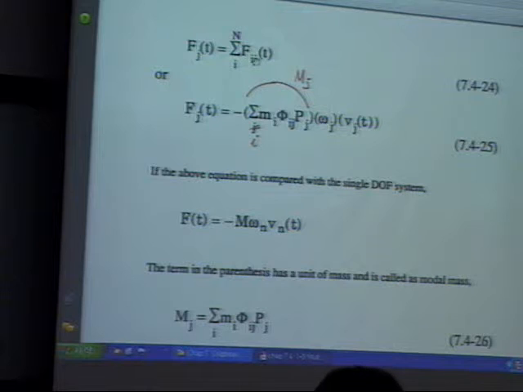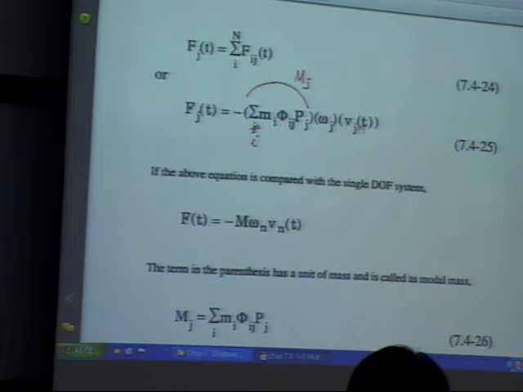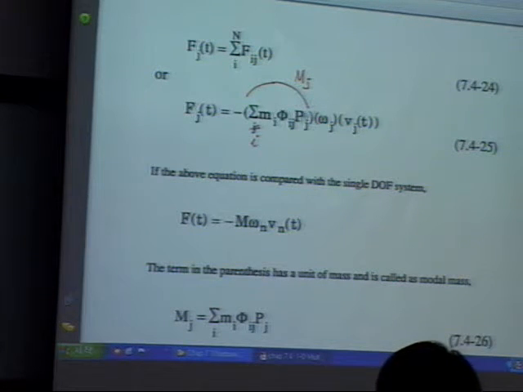Then if you expand this, by the way, your node should already be I. When I use I, that's a degree of freedom. J is a mode. So you have this expression, then reorganize it, then this has to be I.